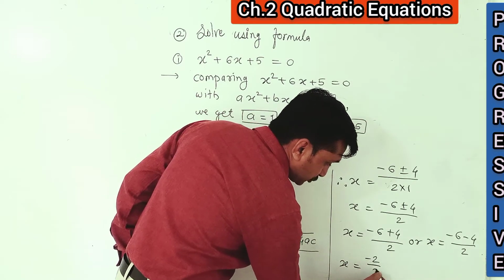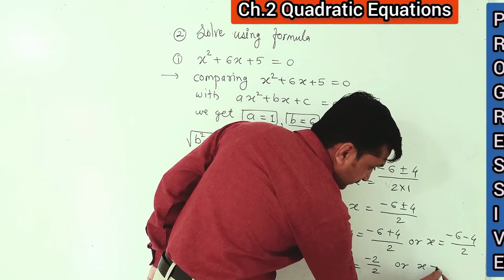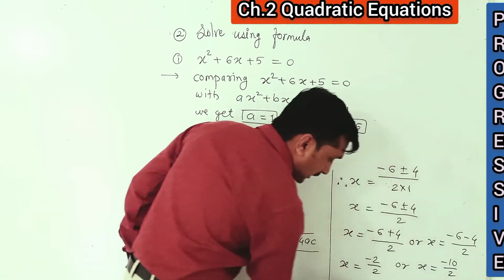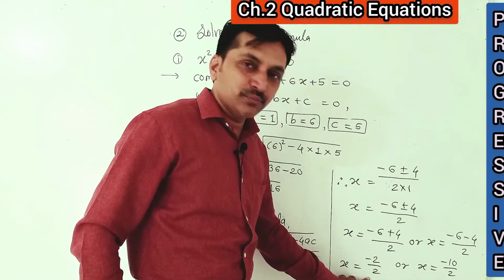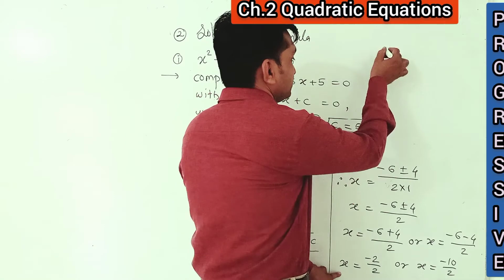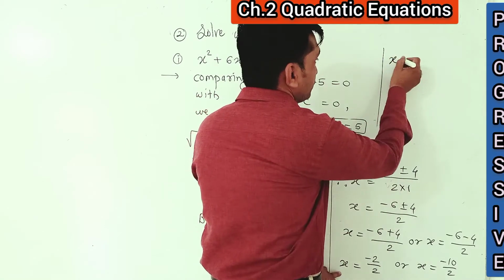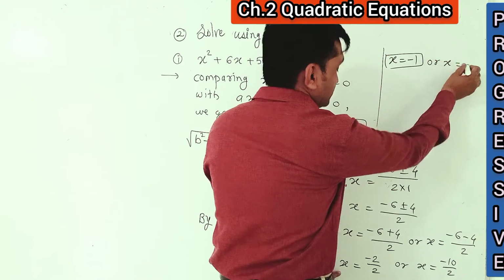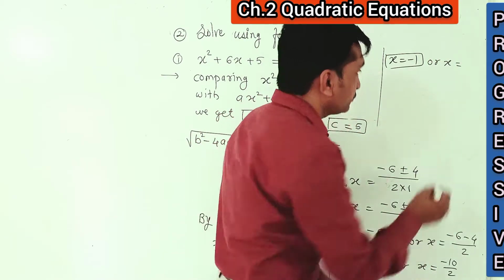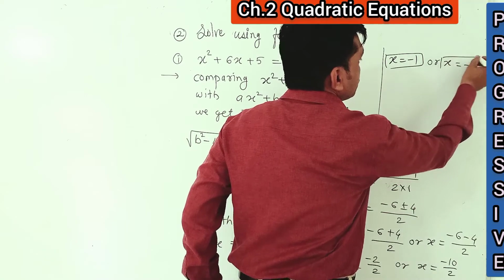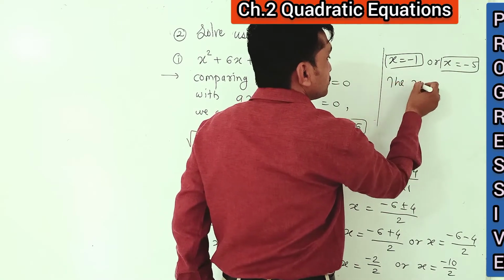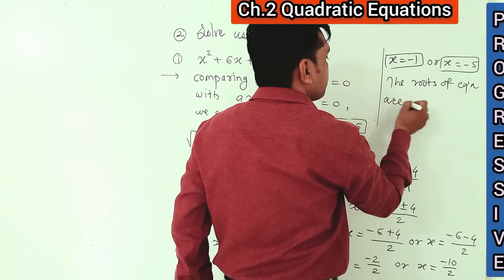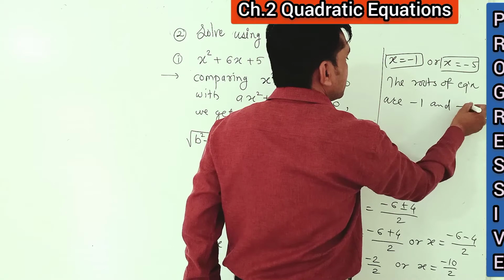Minus 2 upon 2, or x is equal to minus 6 minus 4, minus 10 upon 2. Now here x is equal to minus 2 upon 2. If we reduce, we get minus 1, or x is equal to minus 10 by 2, minus 5. So these are the roots. Therefore at last you write down the roots of the equation are minus 1 and minus 5.